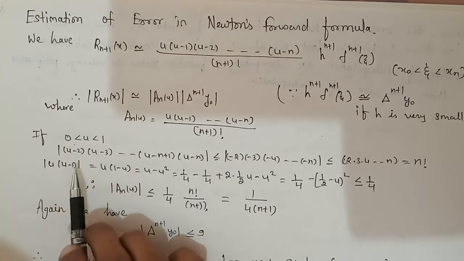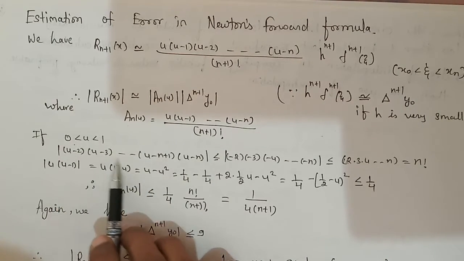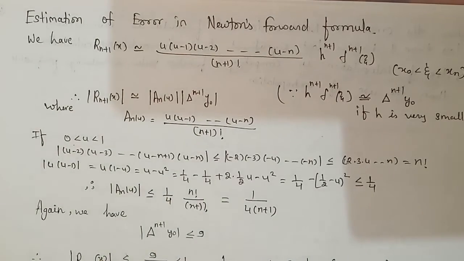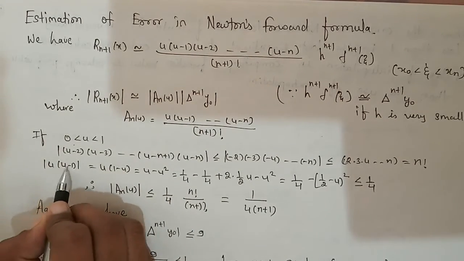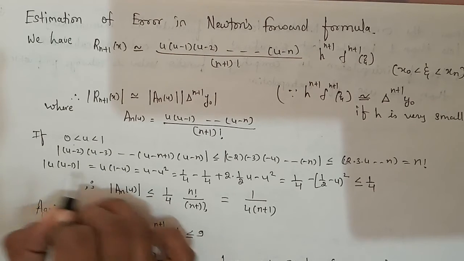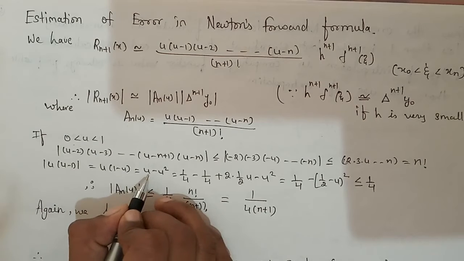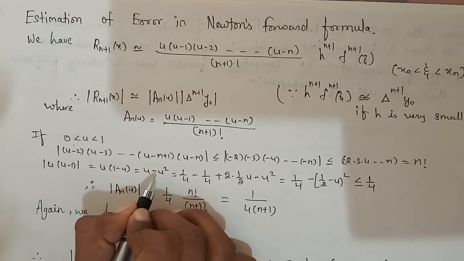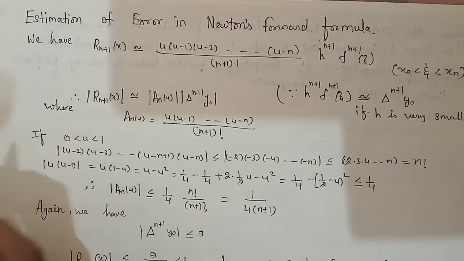Now we have found the value of (u minus 2)(u minus 3) up to (u minus n), but u(u minus 1) is still left. So we now calculate the value of u(u minus 1). u(u minus 1) can be written as u(1 minus u), which becomes u minus u squared. Now I have to arrange this so that I can calculate a perfect value.